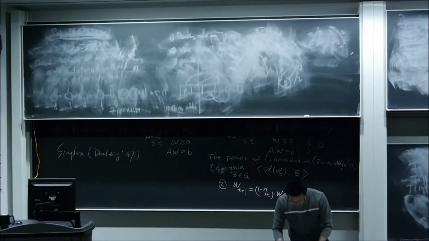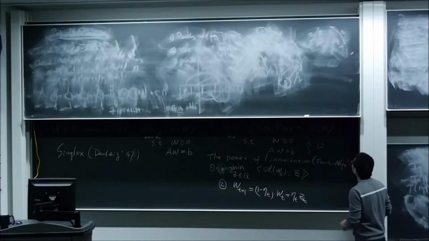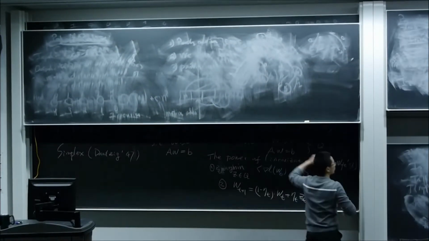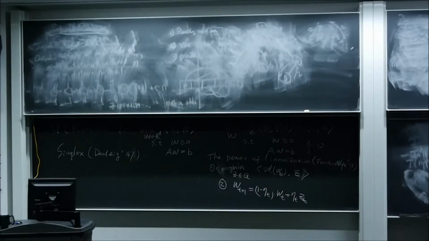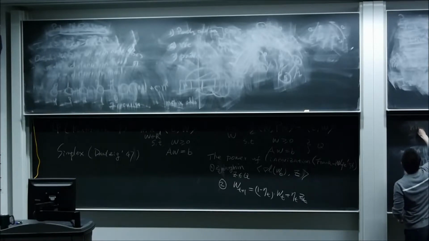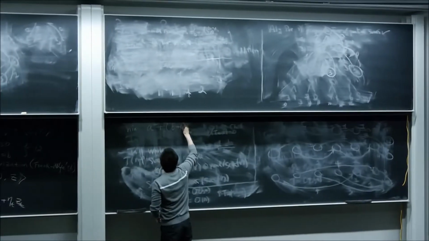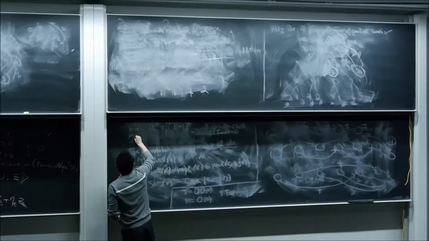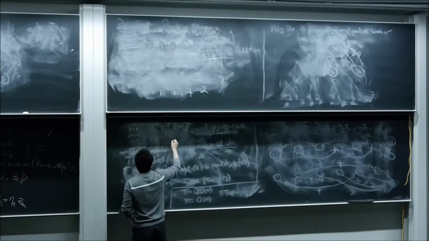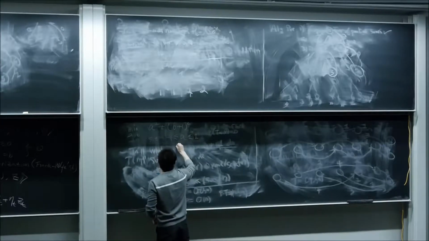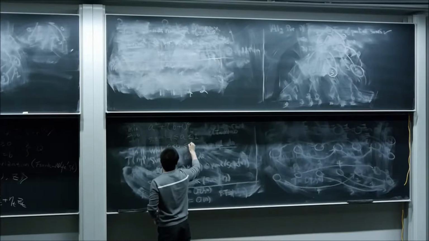Now let me first give you an example of how this works. Let's see a very small example, a two-dimensional problem. I'm going to minimize a function of two variables, a squared plus (b plus 1) squared, where a and b are my variables, subject to a between -1 and 1, and b between 0 and 2.